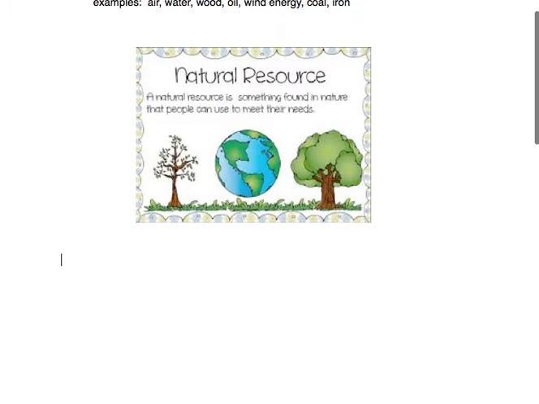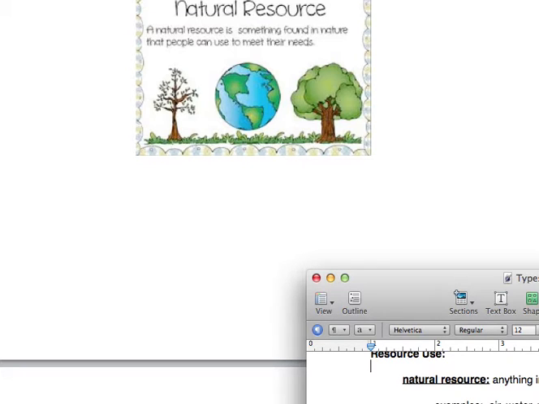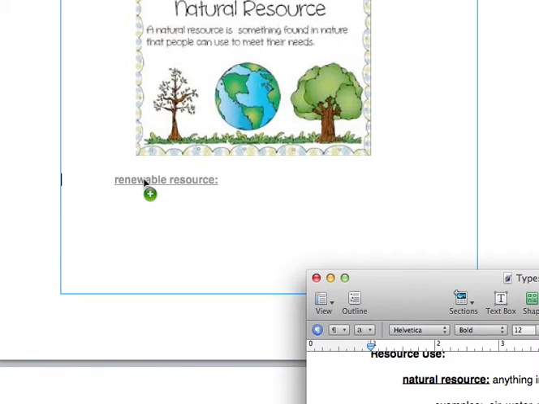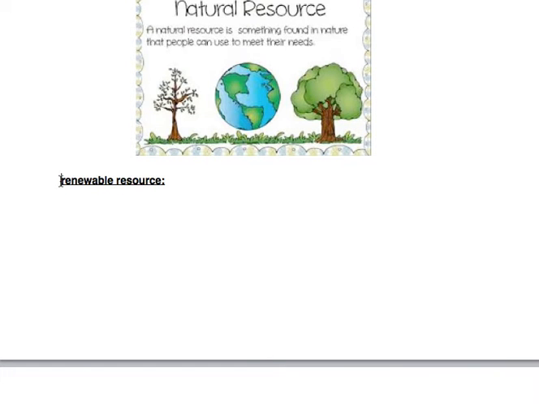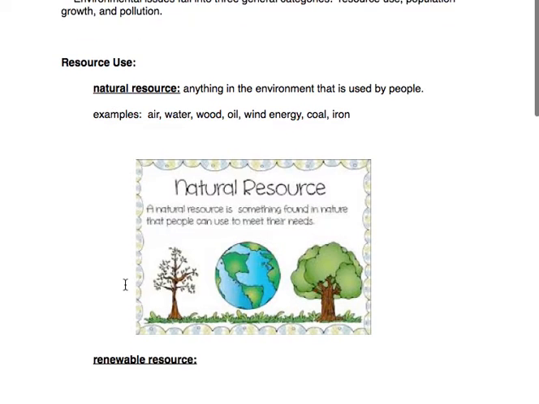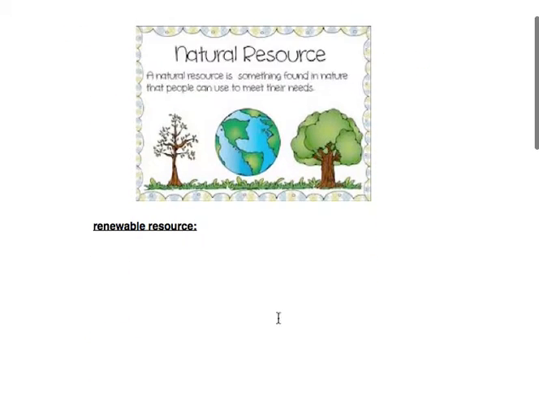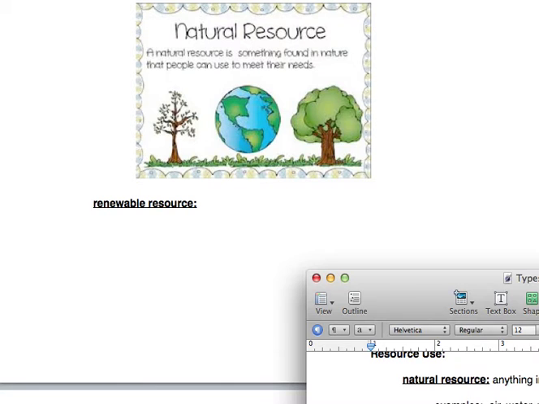Natural resources can fall under two different categories. One is something called a renewable resource. That's also under this resource use heading. So I'm tabbing it under, but it's an important definition that we need to have. What is a renewable resource?